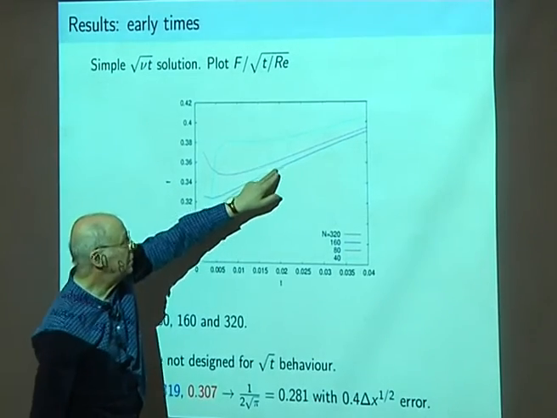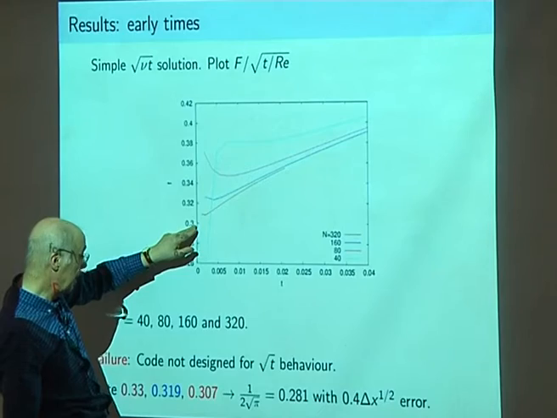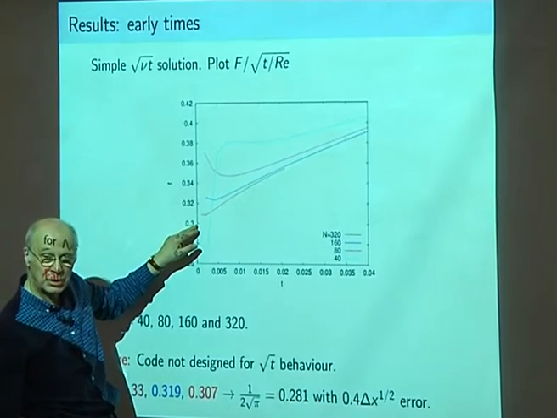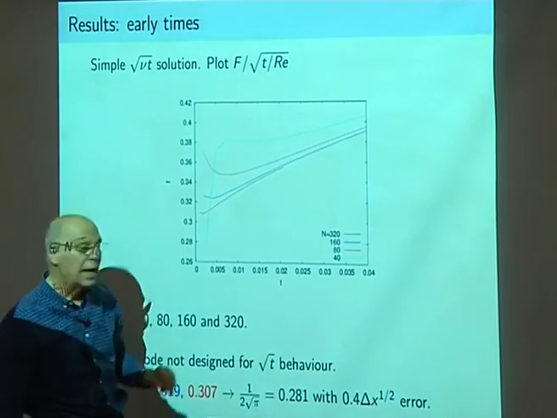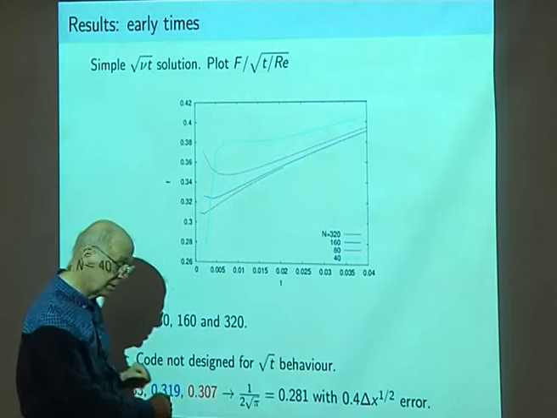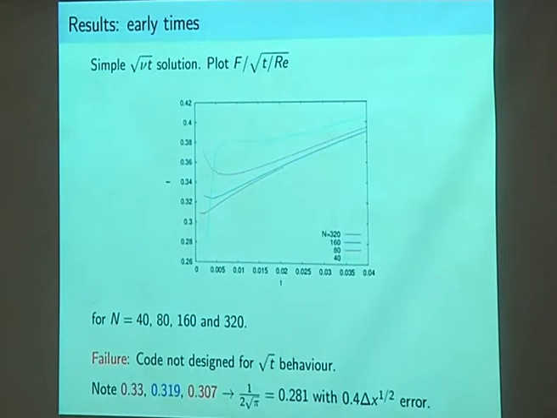And if I take the red curve and extrapolate it down there, I get 0.307. Then if I take these three numbers, 0.33, 0.319, 0.307, and extrapolate those according to the square root of delta x, they extrapolate exactly to 0.281. So by using lots of extrapolations, I can get the right answer.